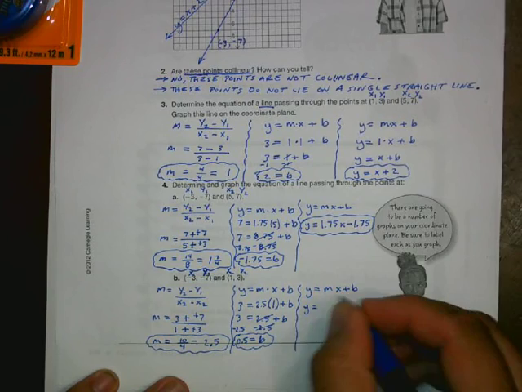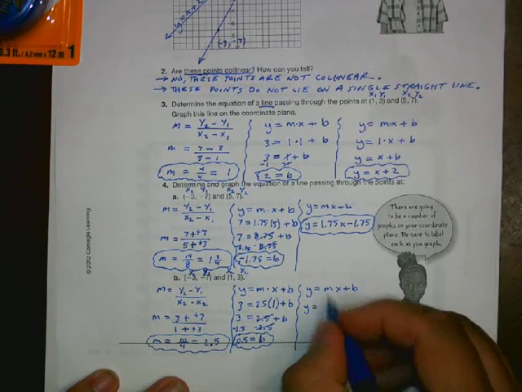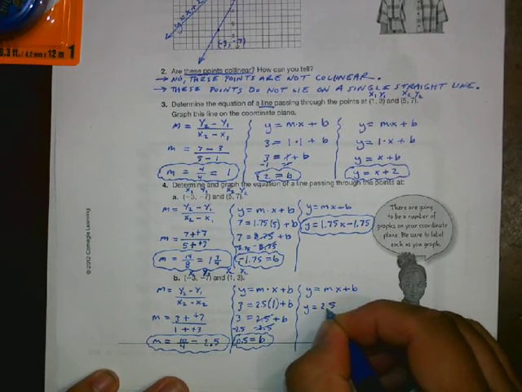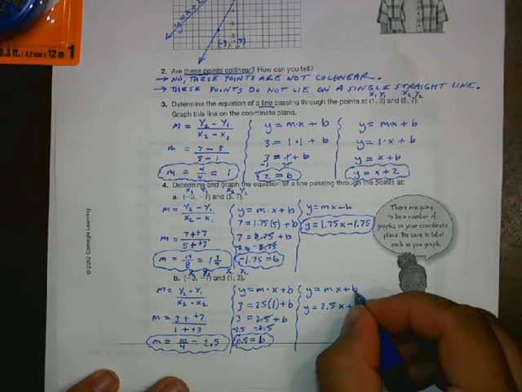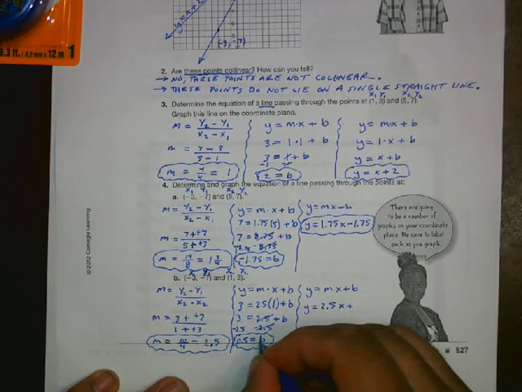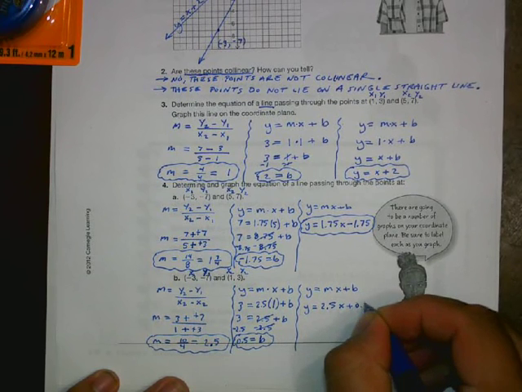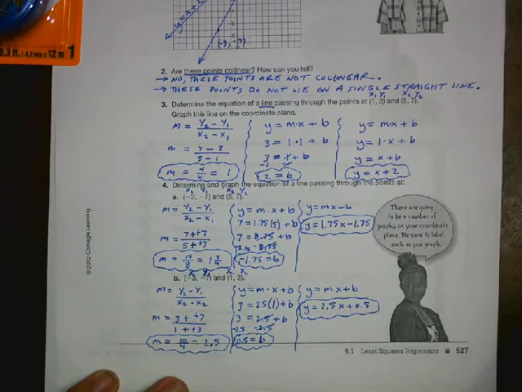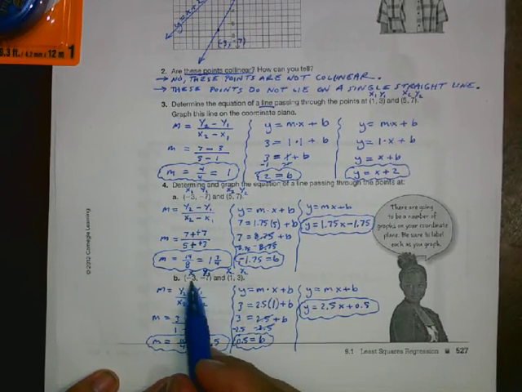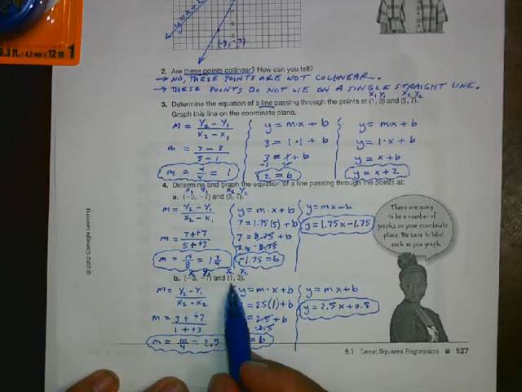We know our slope here is 2.5. Our input's x, and our intercept, our b, is 0.5. And that's for these 2 points, -3, -7 and 1, 3.